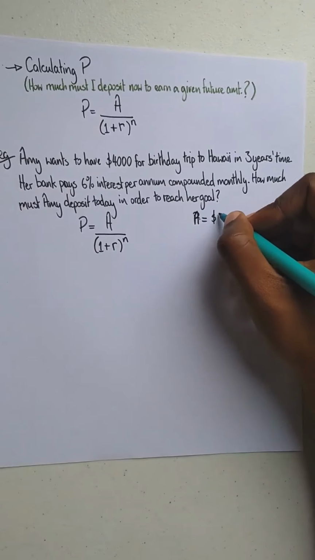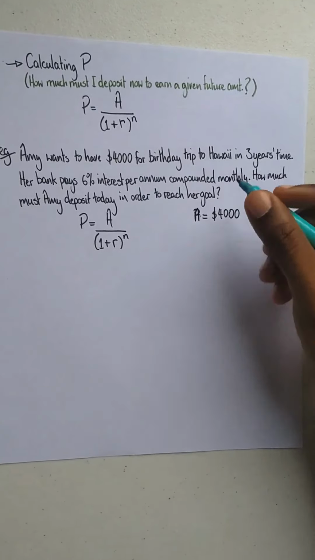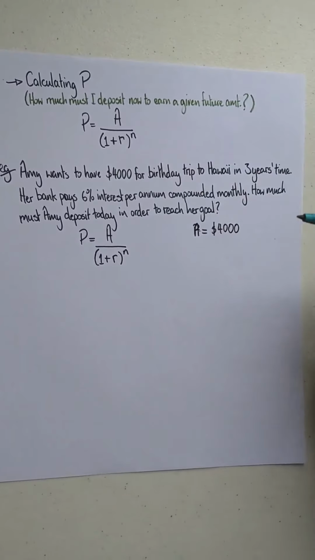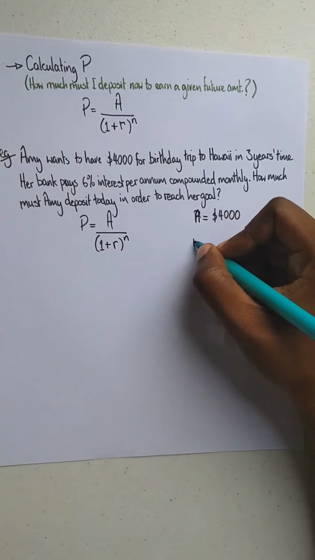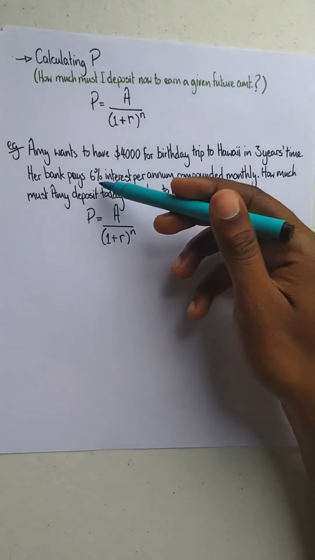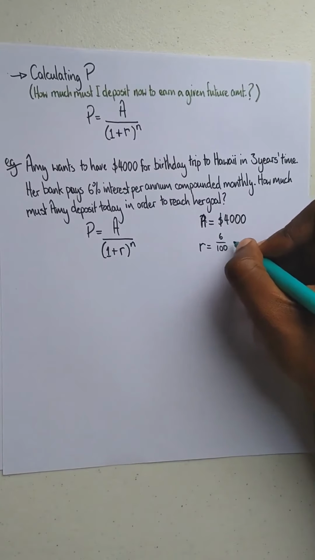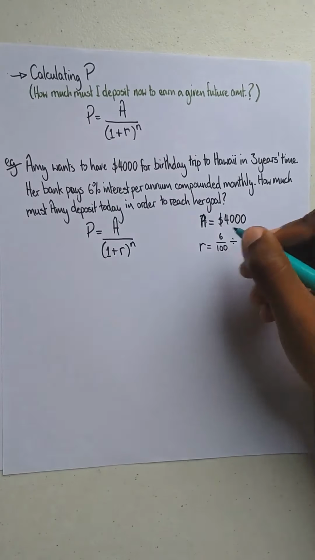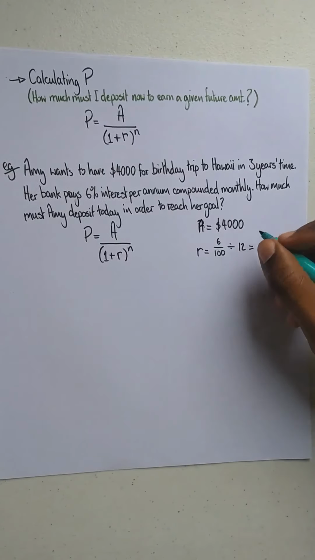She wants to have $4,000 in 3 years' time, so the future amount is $4,000. R, the interest rate per period: her interest is 6% for the year, compounded monthly. So we divide by 12 months in a year, which gives 0.005.